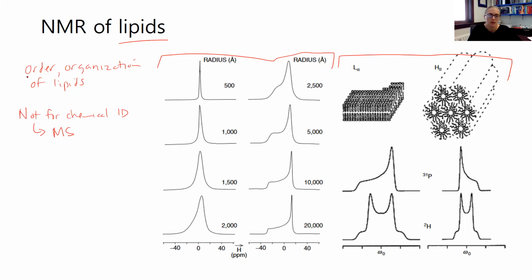But instead, it's more focused on how it is organized. So for example, this data here is showing the peak location and the width for, I think, vesicles of different sizes.